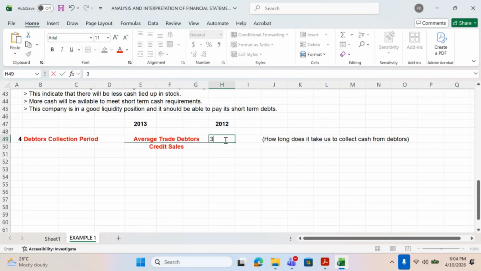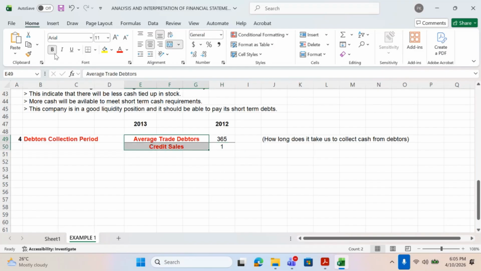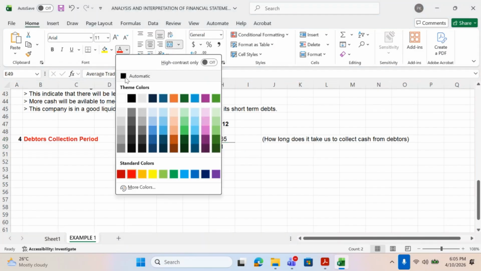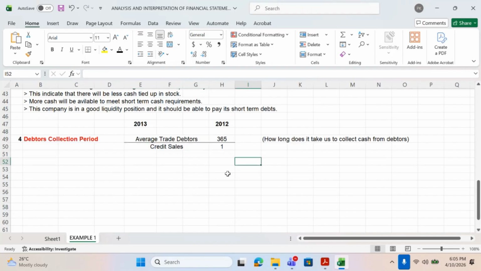So we're going to have 365 over 1 this side. I need to multiply by the 365 over 1. That is the formula that we are using to calculate our debtors collection period.